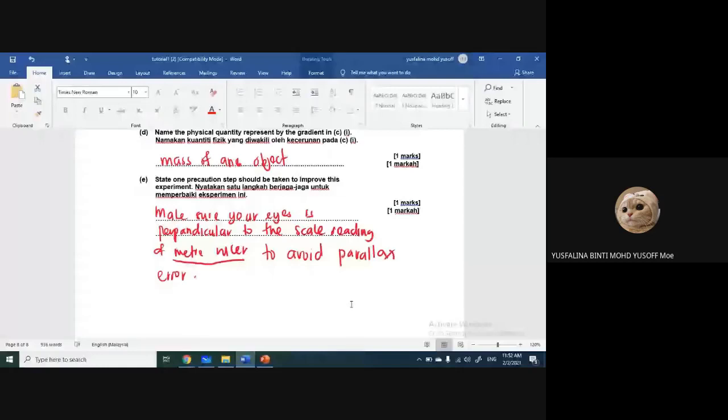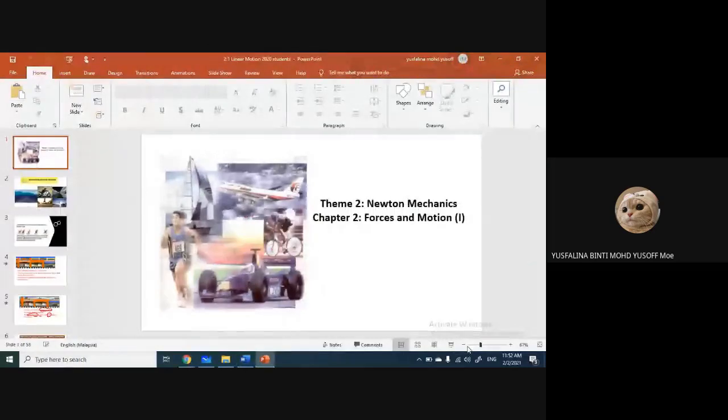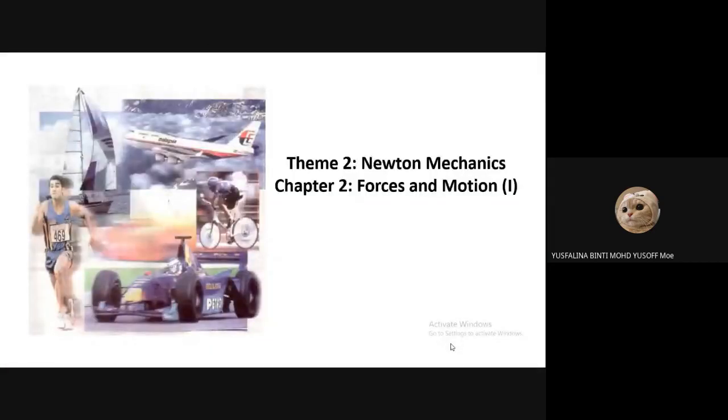Alright, so we finish tutorial 1 for chapter 1. Okay, now we go to chapter 2, forces and motion. Actually for KBSM, for this chapter they combined 11 topics in it, for KBSM from 2020, the last batch.